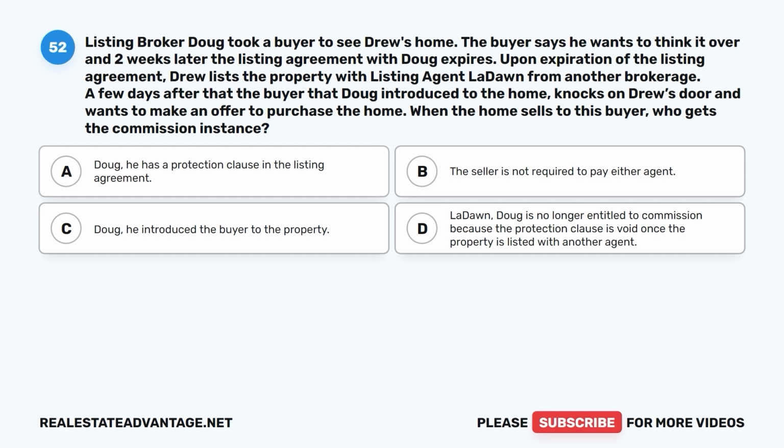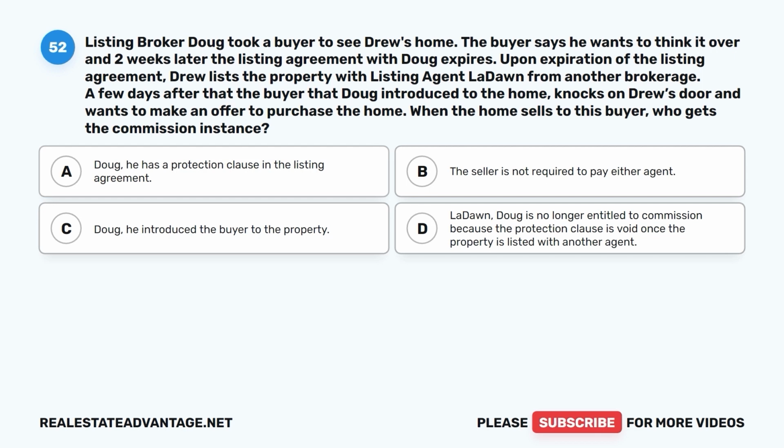A. Doug. He has a protection clause in the listing agreement. B. The seller is not required to pay either agent. C. Doug. He introduced the buyer to the property. D. LaDawn. Doug is no longer entitled to commission because the protection clause is void once the property is listed with another agent.